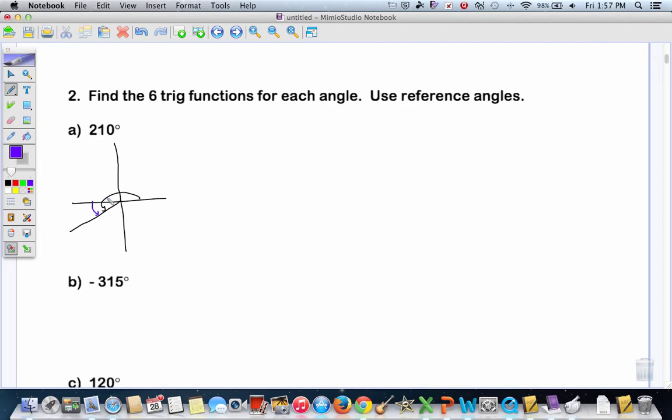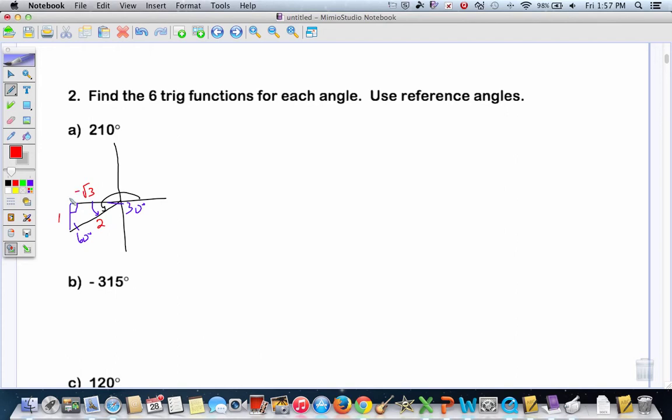As a reference angle, that is measured as 30 degrees. Going a step further, if I came straight down, I'd make a right angle here, which means this angle would be 60. Now we learned back there in section 1, and also from our geometry knowledge, that the length of the side opposite to 30 is 1, opposite to 60 is square root of 3, and the hypotenuse is 2.